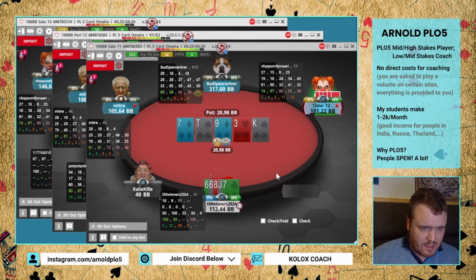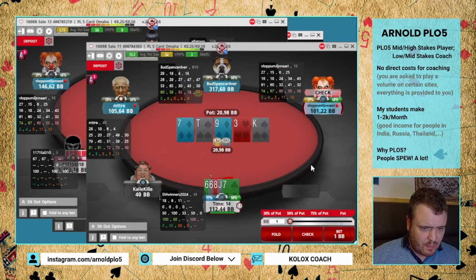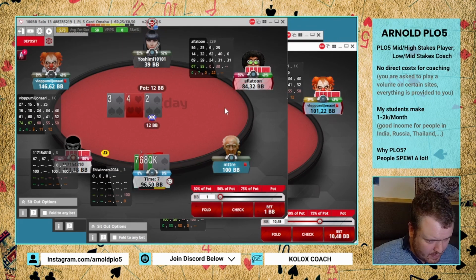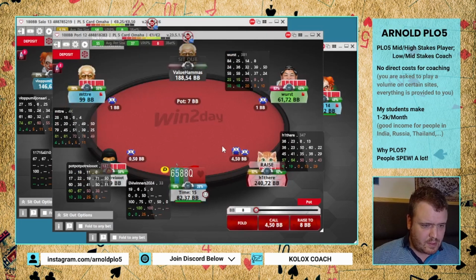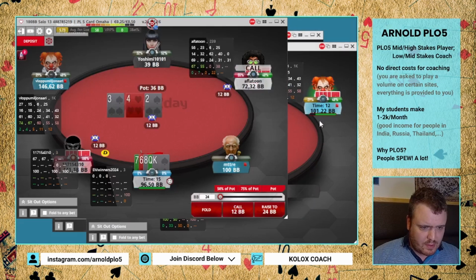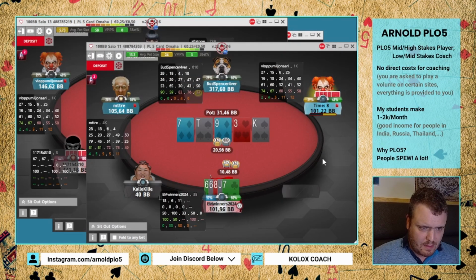Jack queen comes in. So when he pots here, I'm probably out there. But he still probably has a small straight. And when he goes over the top, no, he has queen jack.